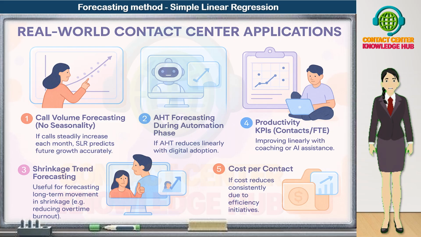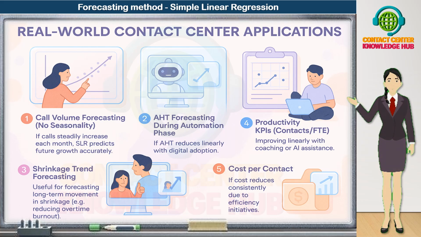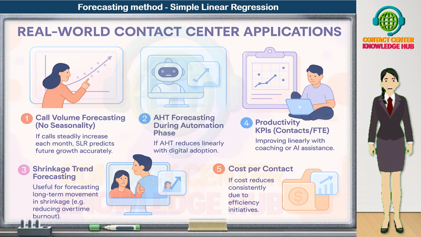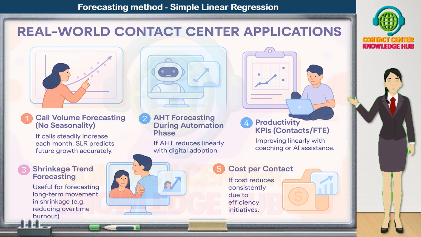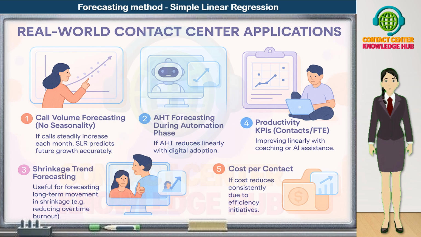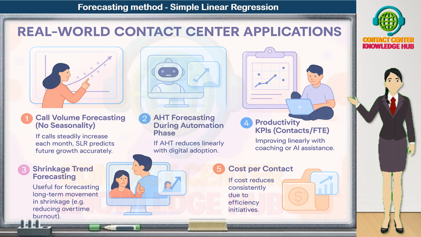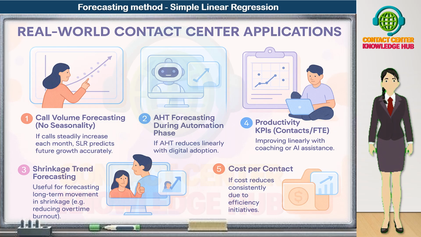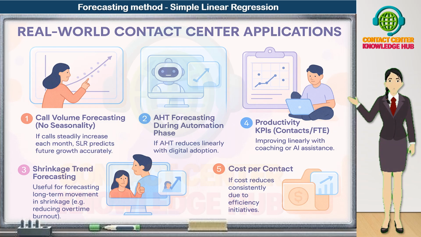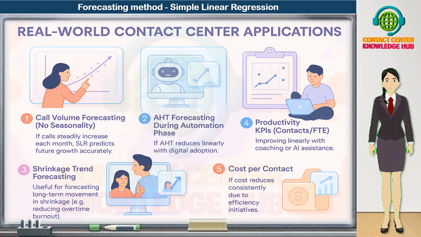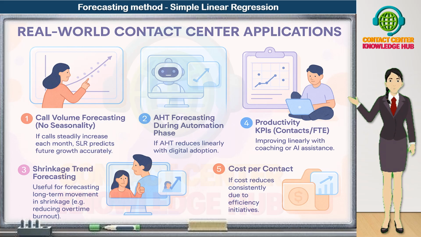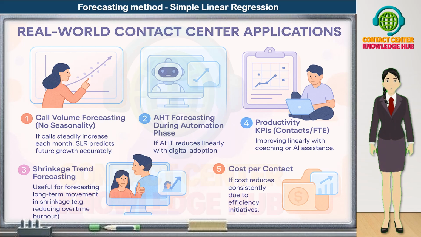Application 5. Cost per contact. If operational efficiency programs consistently bring costs down over time, a linear trend model provides a reliable forecast for budgeting and planning. These applications show how simple linear regression can support smarter decision-making across forecasting, staffing, budgeting, and performance improvement.